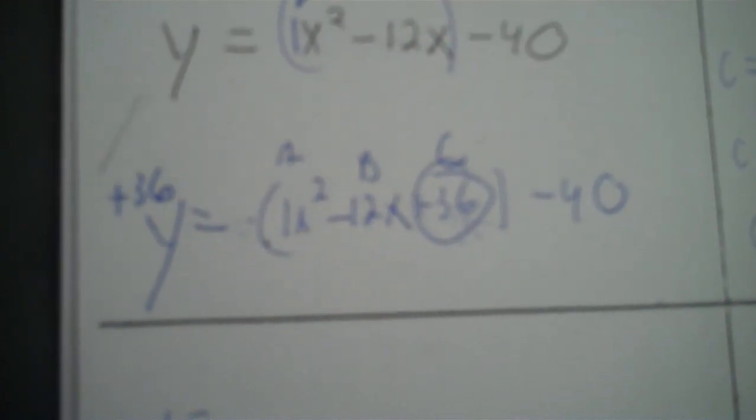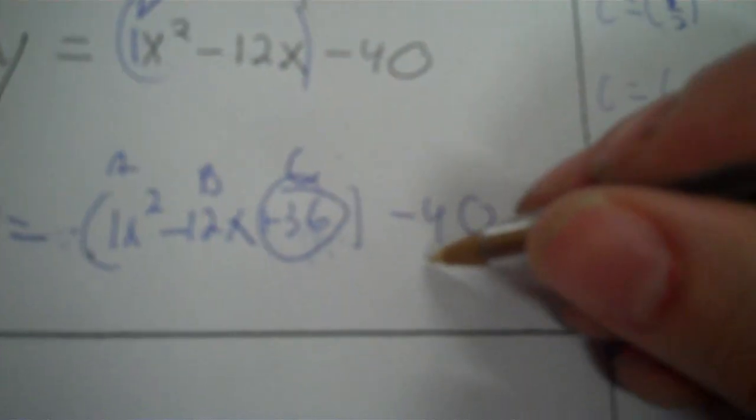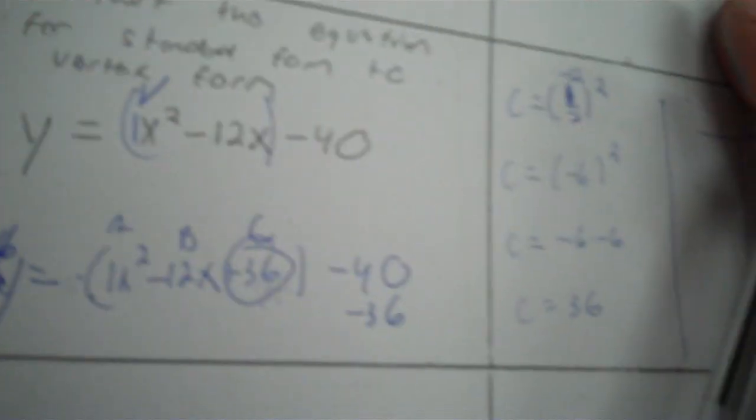And there's no number out there to circle, so it's just 36. So I added a third, compare this side to this side. We brought in a positive 36, so we then need to bring in a positive 36 to this side. So it's on that side. Now I quickly need to minus 36, so the y becomes by itself again, and then the minus 36 goes under the negative 40, okay?